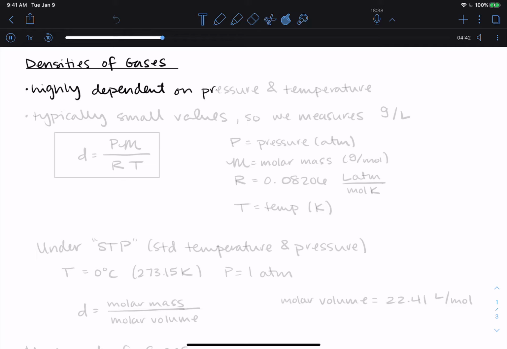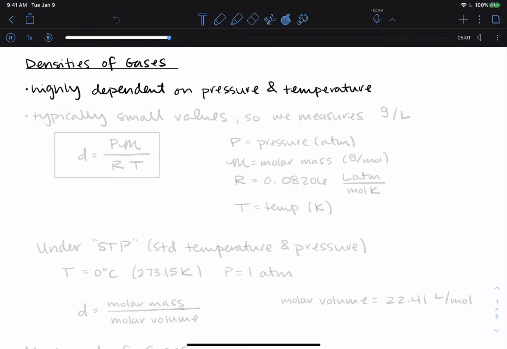So you will find for solids and liquids that those densities can be dependent on pressure and temperature. You'll see some variations, but compared to the variation that you see for gases, those will be very small.